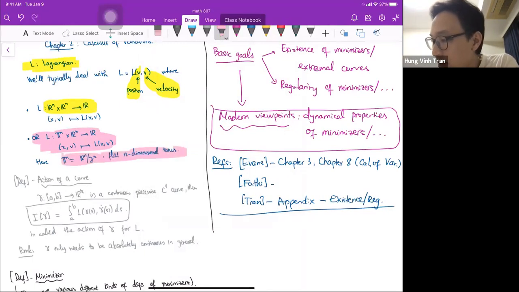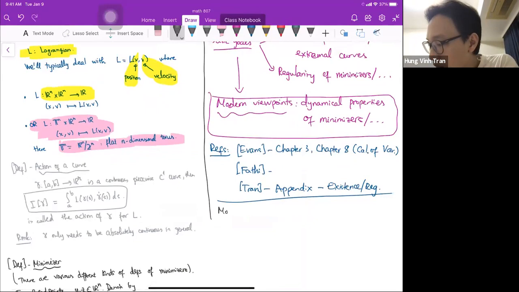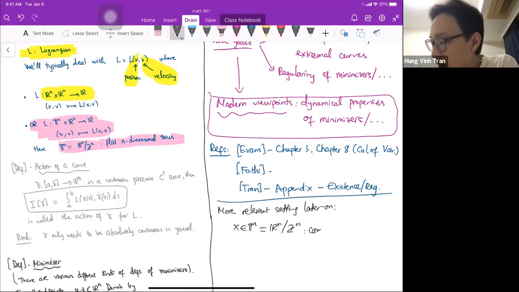I would say that the more relevant setting for us later on is x staying in the torus, which is R^n mod Z^n. So this is a compact manifold setting.